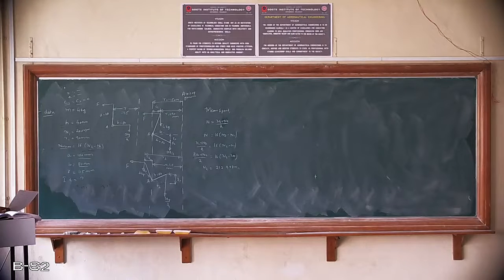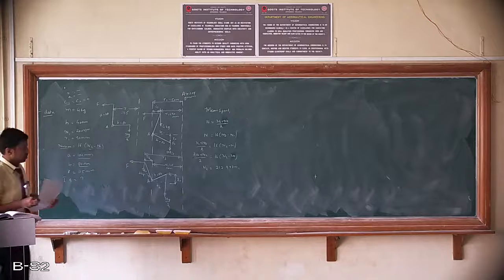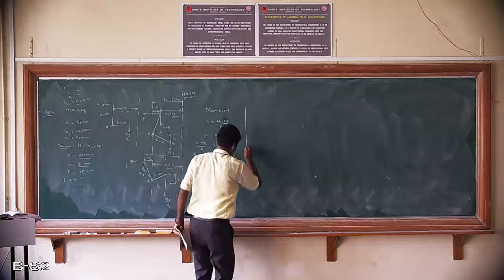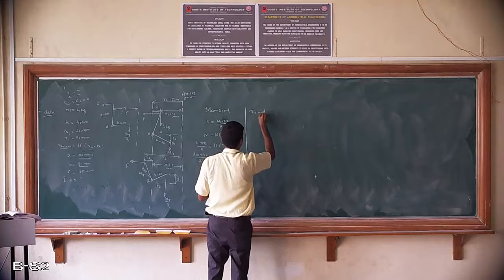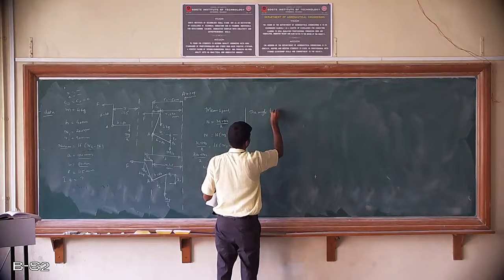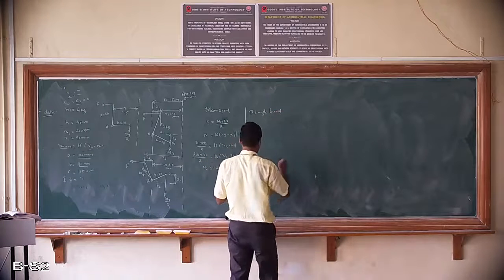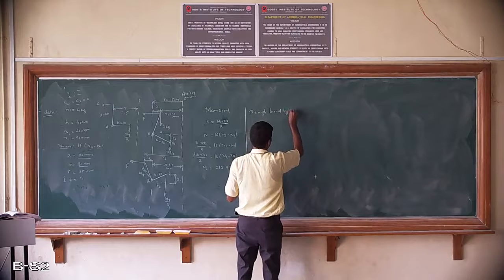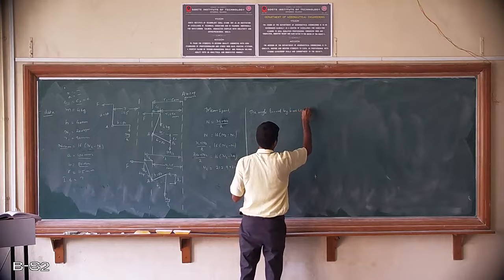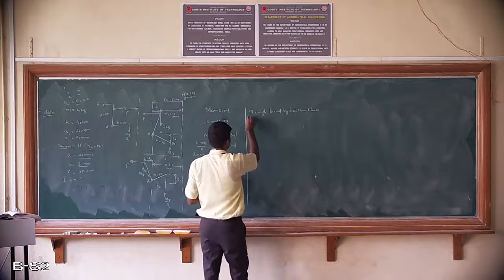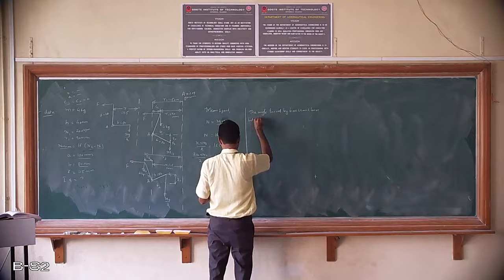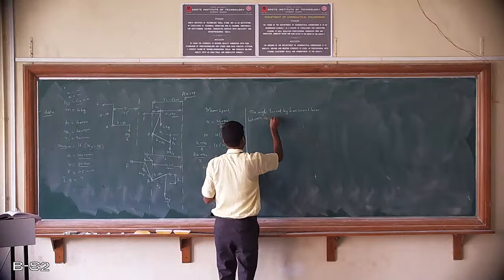So we can find out the values of C1, C2 and R2. Therefore, the angle turned by bell crank lever between two extreme positions.